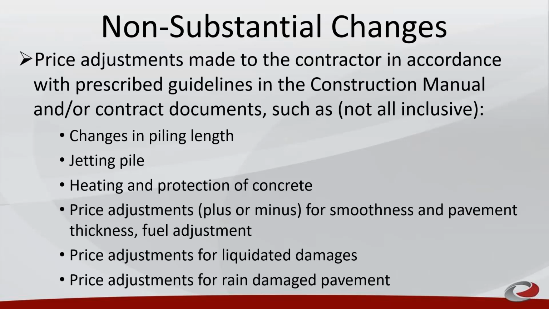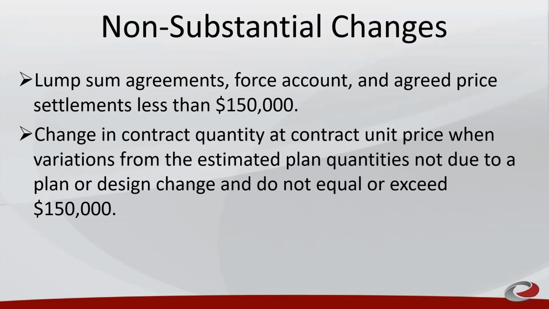These are examples of non-substantial change orders. Also, lump sum agreements. Force account and agreed price settlements less than $150,000. Change in quantity at the unit price from the established plan quantity not due to a plan or design change more than $150,000.